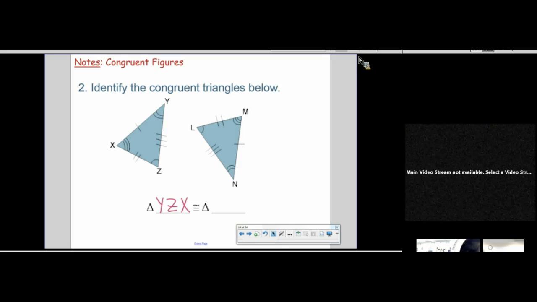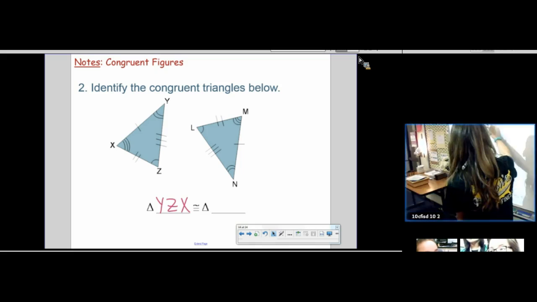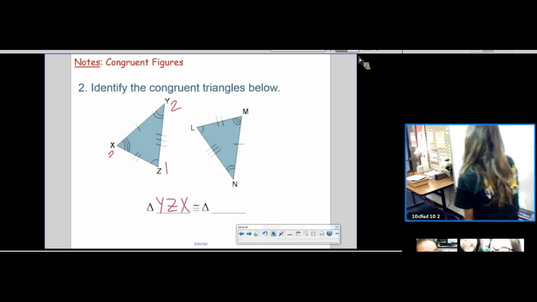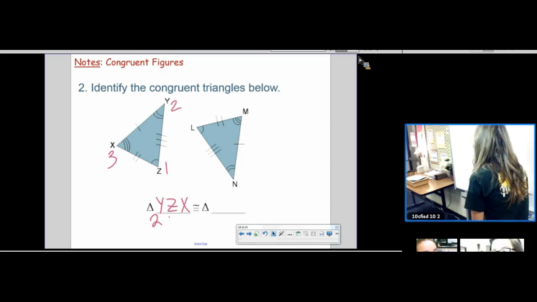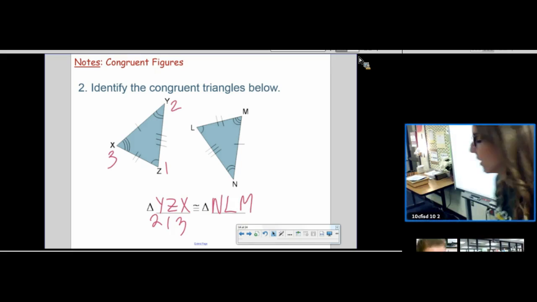You can just look at the arcs. This is too easy. Y has 2 arcs, Z has 1, and X has 3. So we want to go 2, 1, 3. So we go over here to the one with 2, and then the one with 1, and then the one with 3. NLM. Very good.